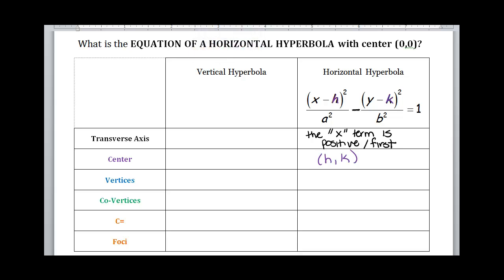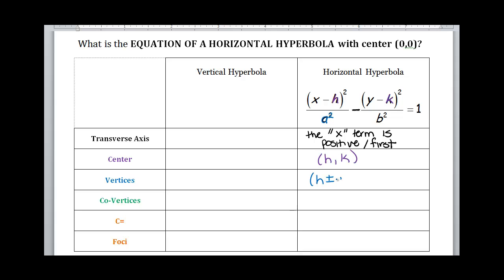Now, a squared and b squared. a squared with an ellipse was always the largest term. Well, that's no longer the case. a squared is always going to be the first denominator, and it does not have to be the biggest. Now because we're horizontal, we want to take our center, (h, k), and move horizontally.